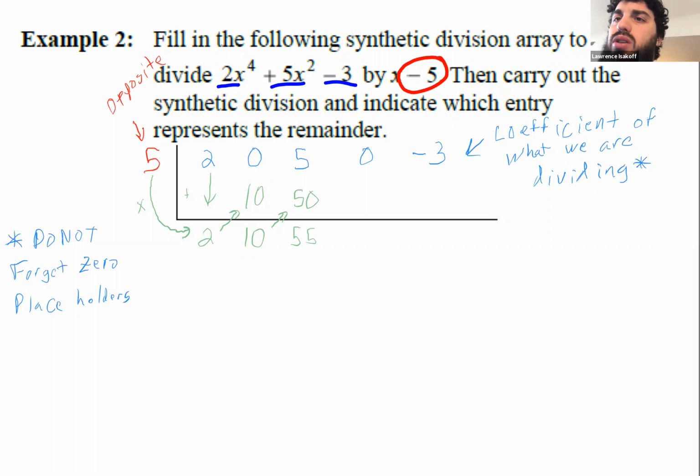It's been a while since I've done this one, so I just didn't remember the numbers getting so big, but they do. Okay, now I'm going to do 55 times 5. That gives me 275.